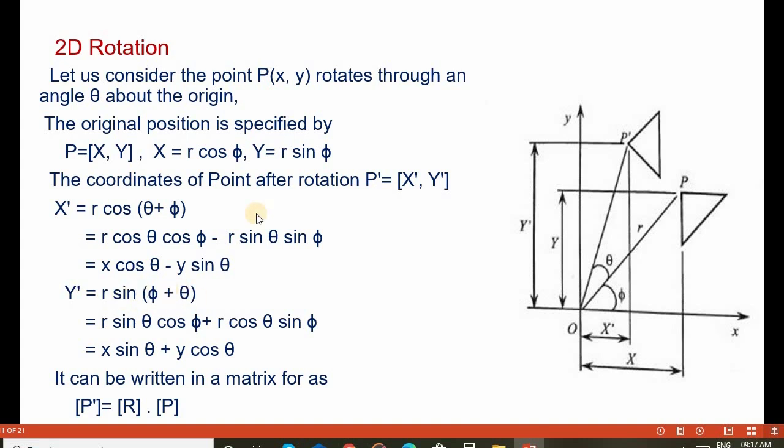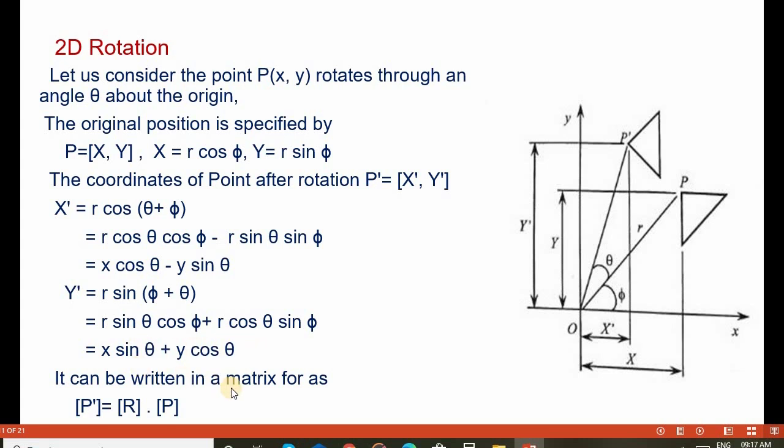We are adding theta with the y axis: y equals r sin phi, we add theta, so we get r sin (phi plus theta). We can expand the equation: r sin theta cos phi plus r cos theta sin phi. Simplifying, we get x sin theta plus y cos theta. So this is the new coordinate of the rotated object in the y axis: y dash equals x sin theta plus y cos theta.